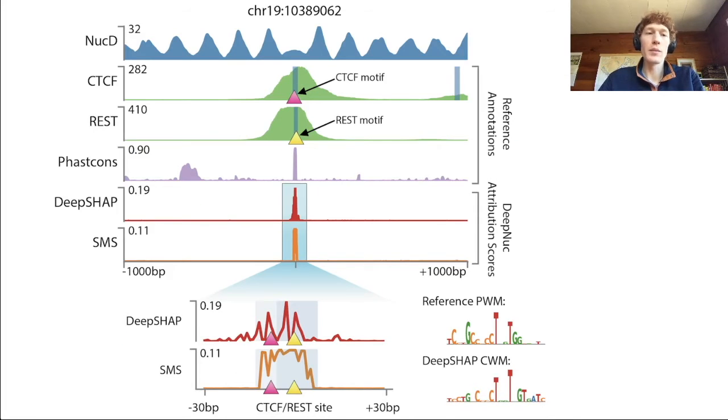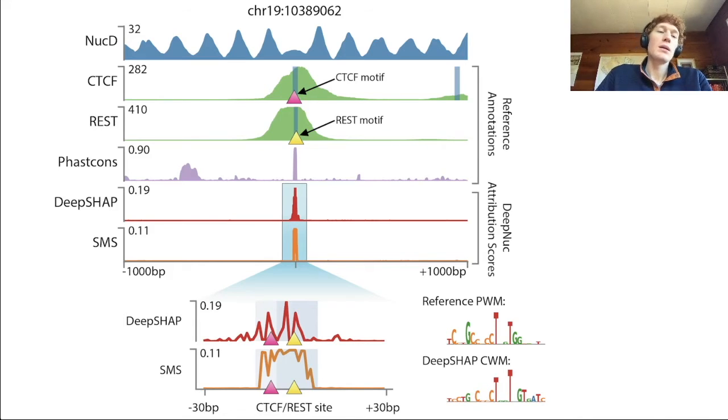So here's a vignette from a sample region on chromosome 19, where there's a CTCF REST site, and you can see that the SMS score is really highlighting the causal sequences under the transcription factor motifs that are driving the extrinsic positioning at this locus. And zoomed in at the bottom, we're comparing the SMS score against another feature interpretation method from the same model, DeepSHAP, which is based on backpropagation.